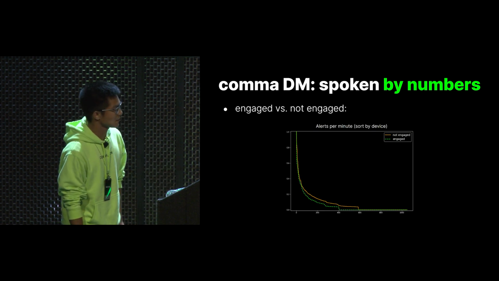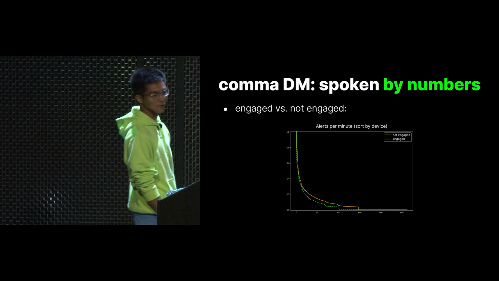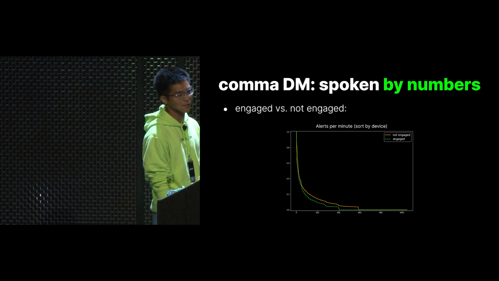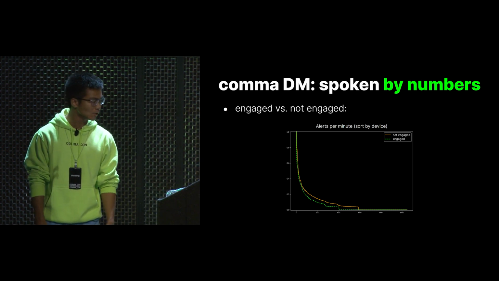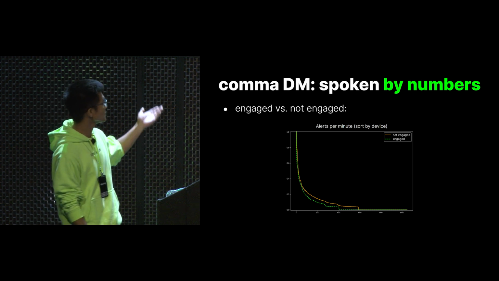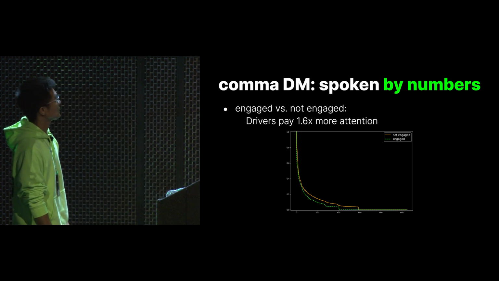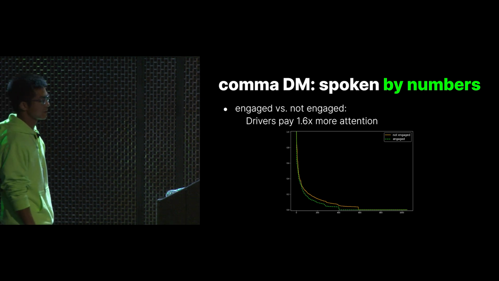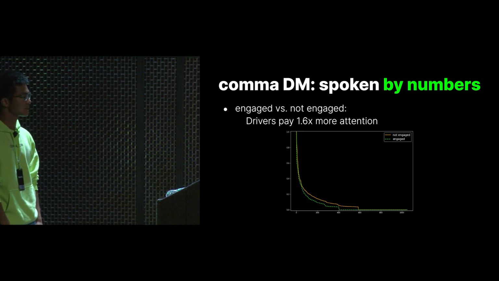Here's another interesting stat. At runtime, DM is only active when OpenPilot is engaged, but how about when it's not engaged? By assuming DM is always alive, we can rerun the policy and the model offline on all the logs to compare the amount of DM alerts each user would have gotten per minute, both engaged and not engaged, as shown here. The results show that when OpenPilot is engaged, drivers get 60% fewer alerts on average when compared to when they are driving themselves.